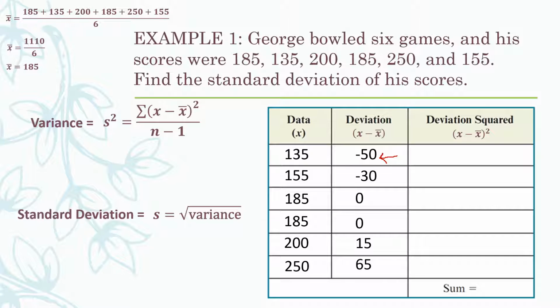If you don't see a little squared button, you may see a button that looks like a caret. That is the button that lets you raise things to a power. You would press that button and then type in 2 to raise it to the second power. But most of you probably have a squared button on your calculator.